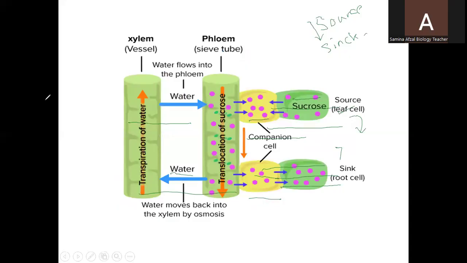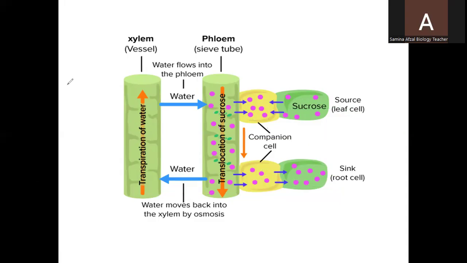Now, this diagram shows how the food is loaded at the source, and then it is unloaded at the sink. You can see the source, the leaf cell. The sucrose molecules, when they are manufactured, enter into the companion cells, and from the companion cell they enter into the sieve tube or the phloem.